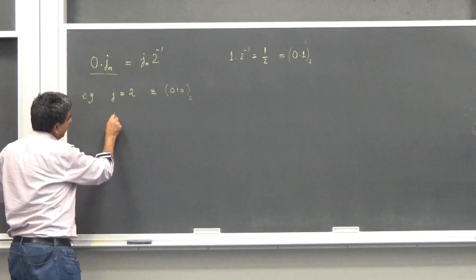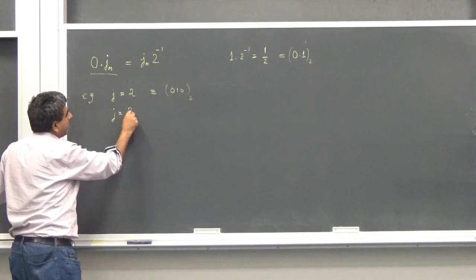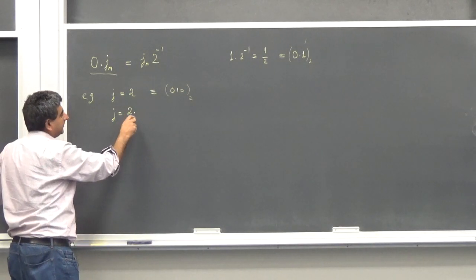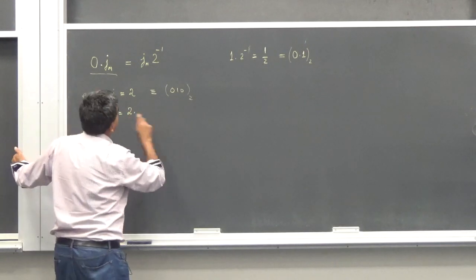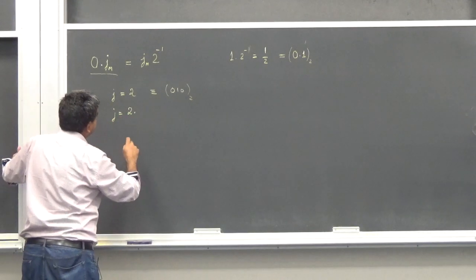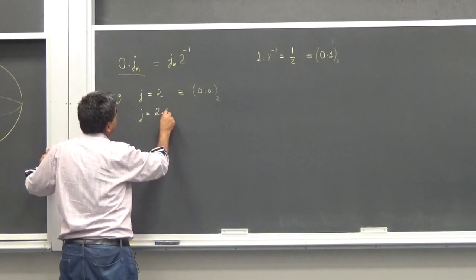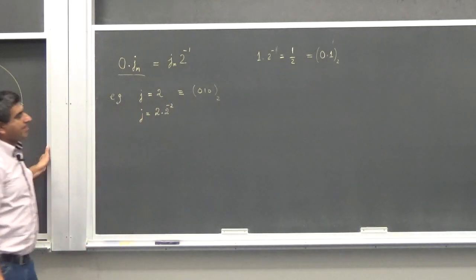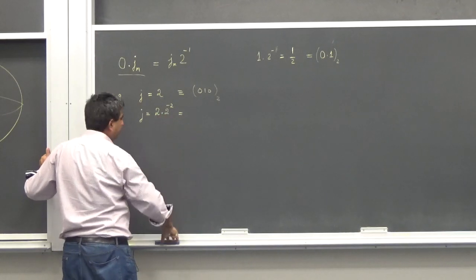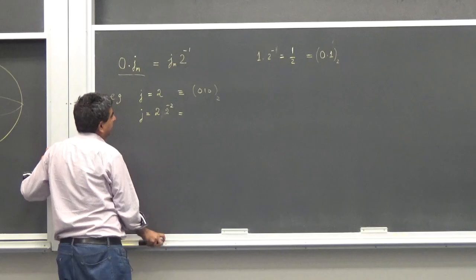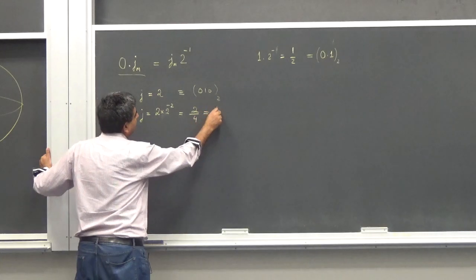If I took this j and multiplied it, for example, with 2 raised to power minus 2, this is 2 over 4, this is 1/2, right?